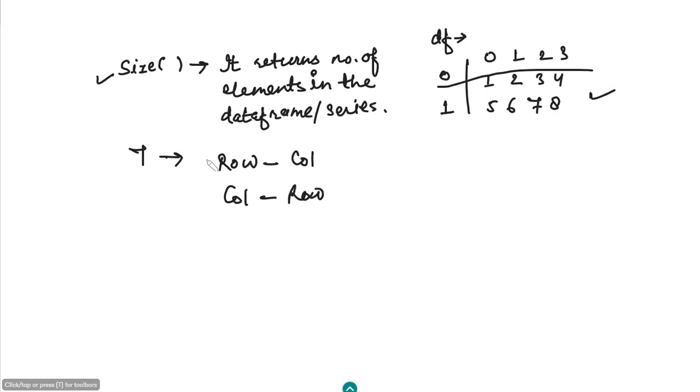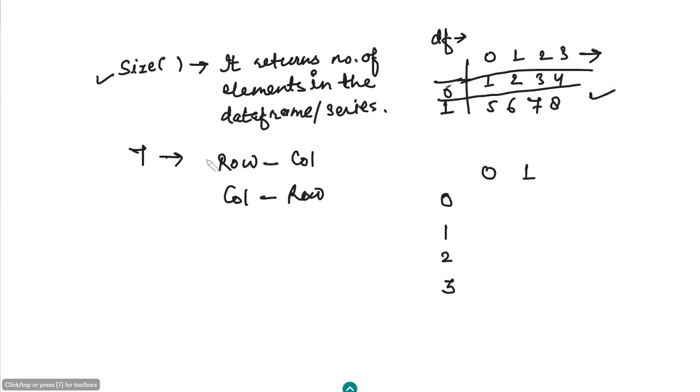So if I'm talking about this data frame, the output will be, look at this. These are our rows. This will become columns 0 and 1. And now these are the columns, so this will become the number of rows, 0, 1, 2, 3, right?